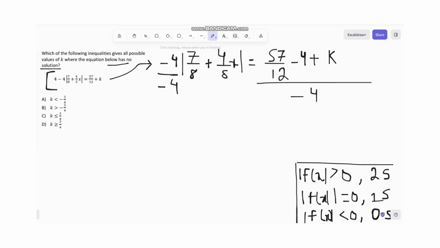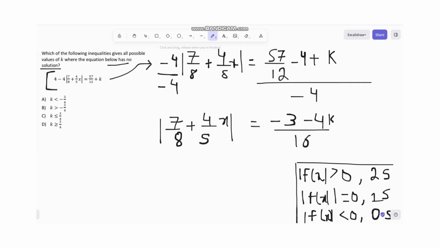Okay, so let's solve this and we'll continue. Now in solving this, we get this expression or this equation.